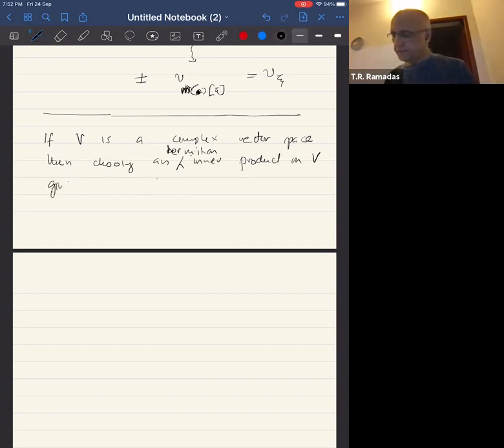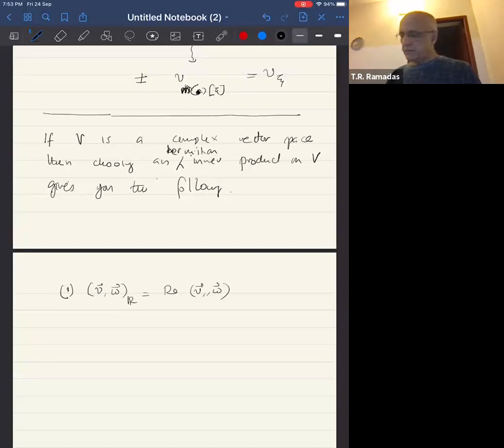One, (v, w)_R equals the real part of (v, w).